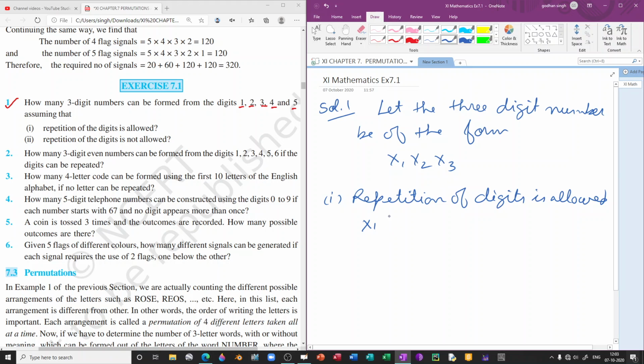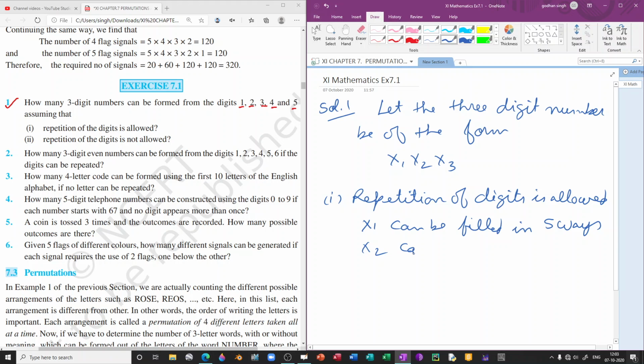So x1 can be filled in how many ways? There are 5 ways. So x1 can be filled in 5 ways. Then x2 also can be filled, because repetition is allowed here, so it can be filled by any of the digits 1, 2, 3, 4 and 5.